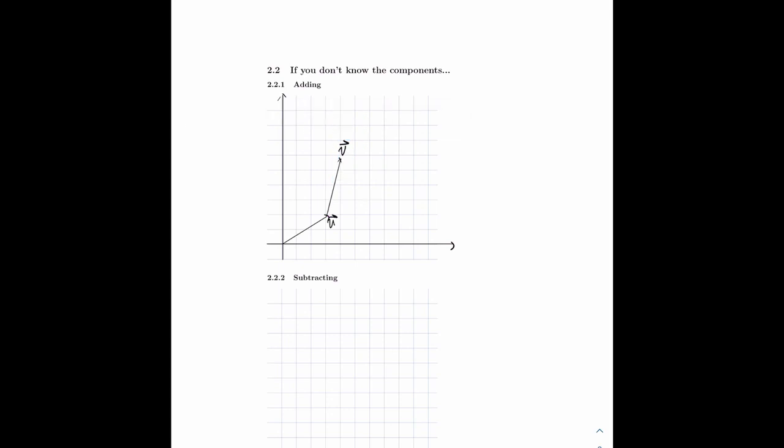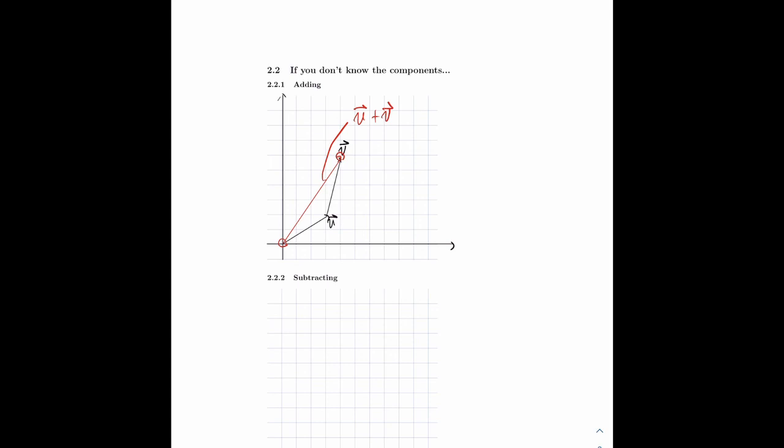And to get the final resultant vector, we're going to connect the tail of u to the tip of v. That right there is the vector u plus v. This is known as the triangle law.